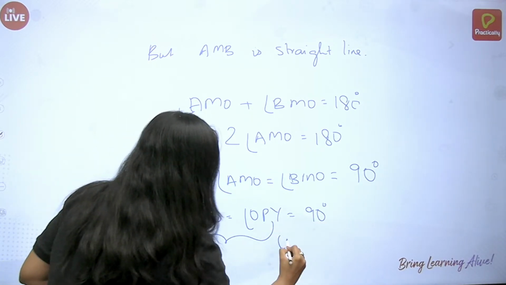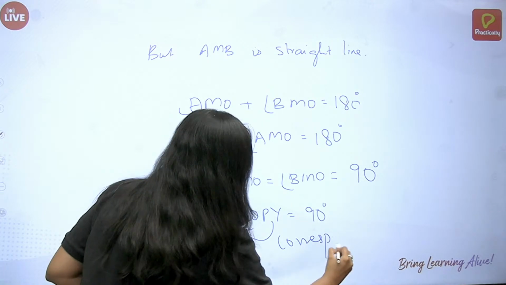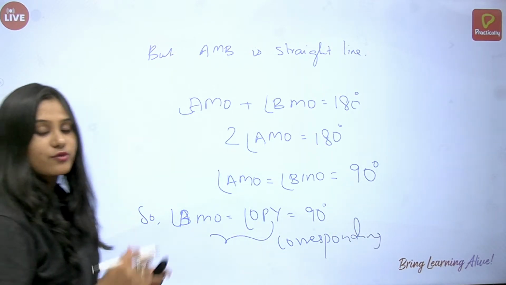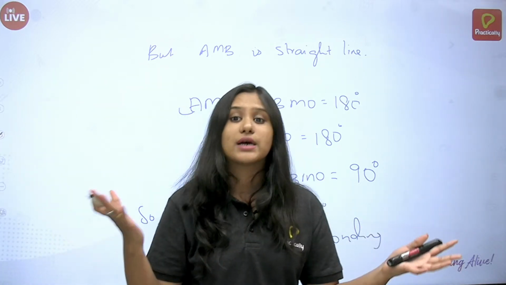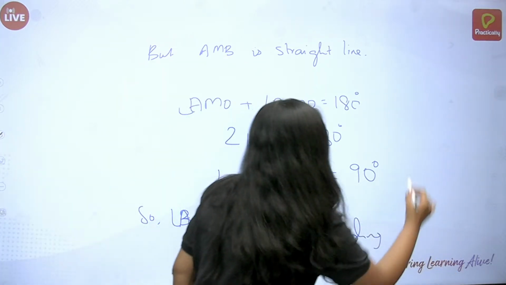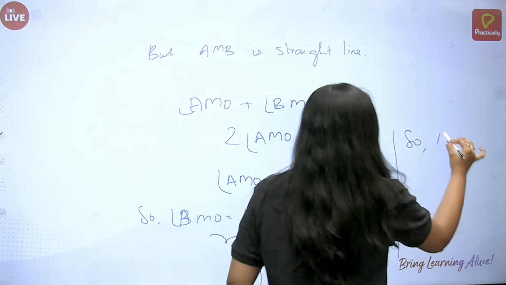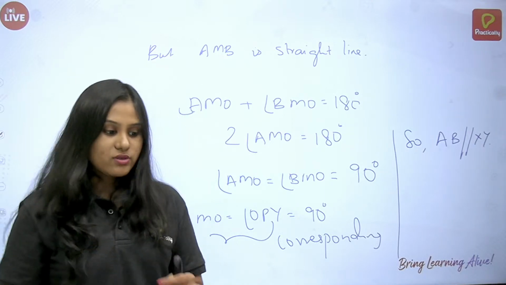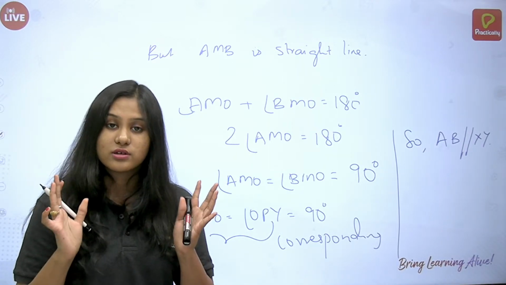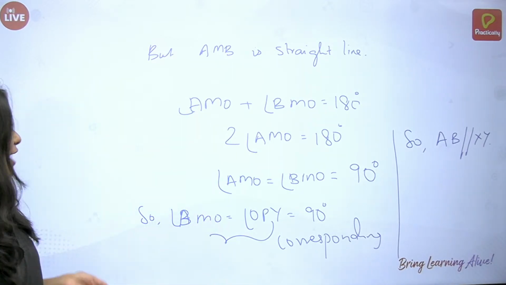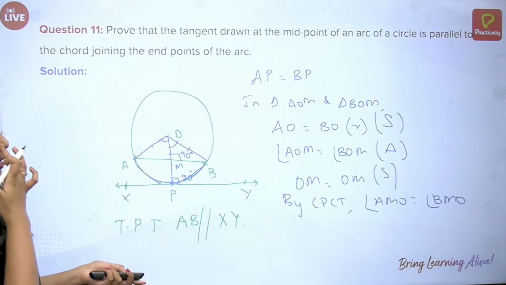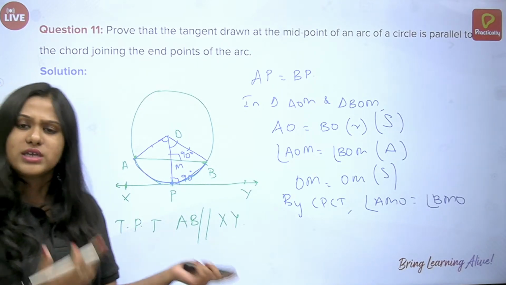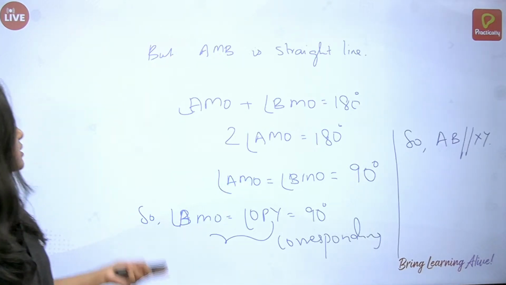These are nothing but corresponding angles. If corresponding angles of two lines are equal, then the two lines are parallel. So, AB is parallel to XY. So, again, this is one of the very beautiful questions. I hope you all have understood it and it is clear how to prove the theorem if it is asked. Next.